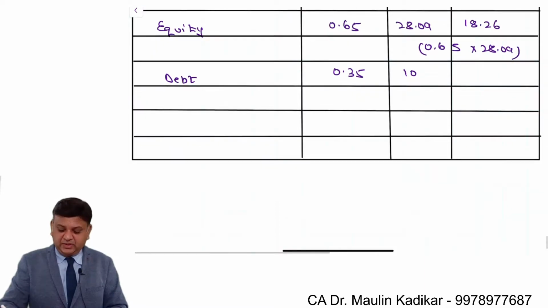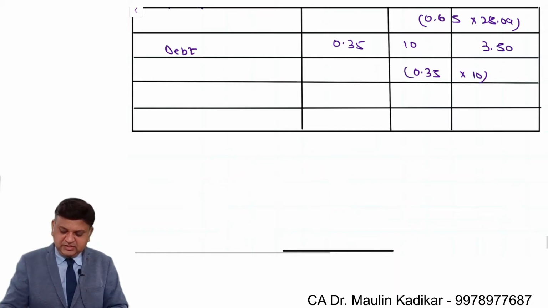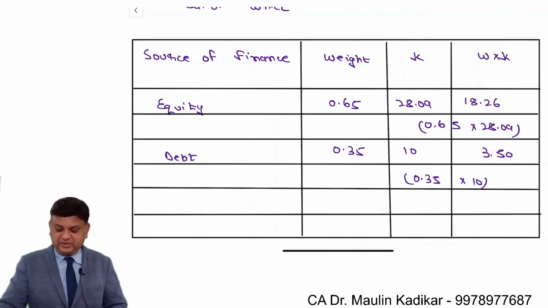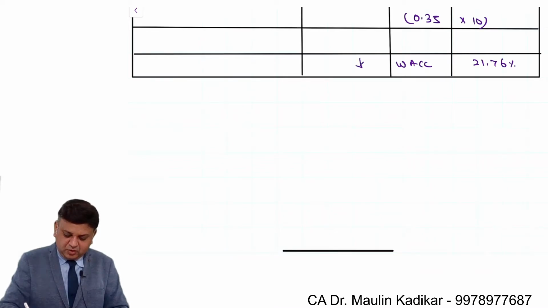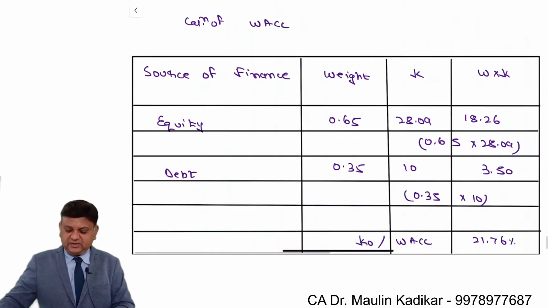The next one is 0.35 into 10, that is 3.5. So 18.26 plus 3.5, that is 21.76. That is the way the weighted average cost of capital or overall cost of capital is calculated. Please take down the answer.